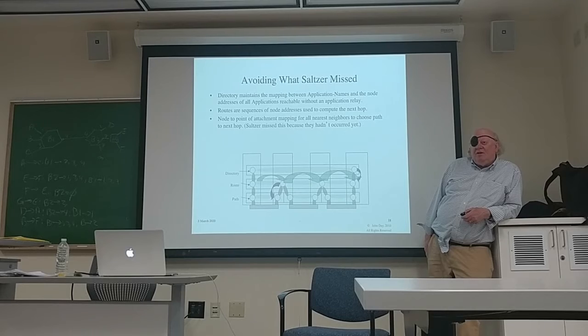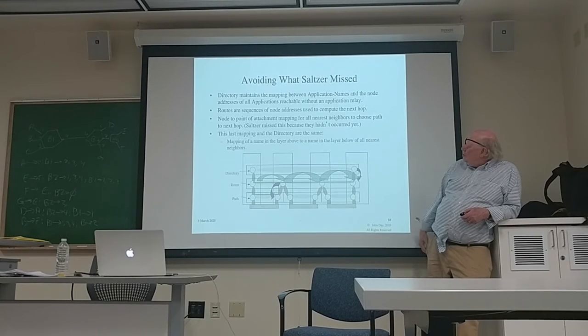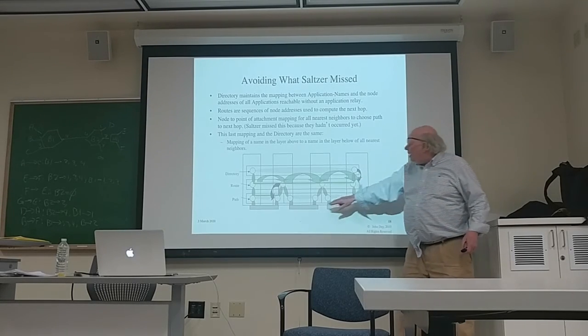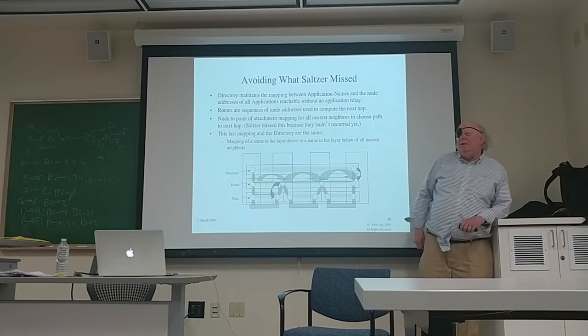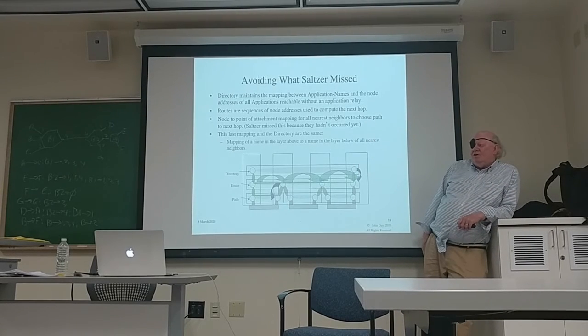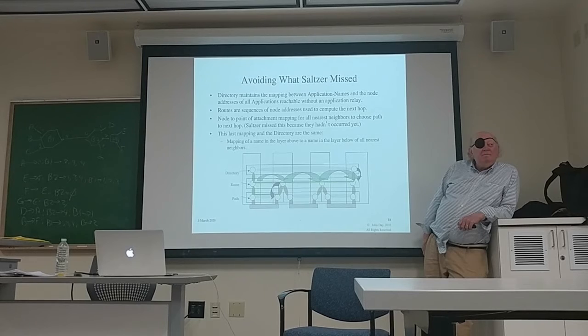Now, the interesting thing from this is notice that this mapping and this mapping are the same mapping. They're both nearest neighbors. In this case, each router has 3 tables, same as previous. Yeah, could have 10 for all I know.